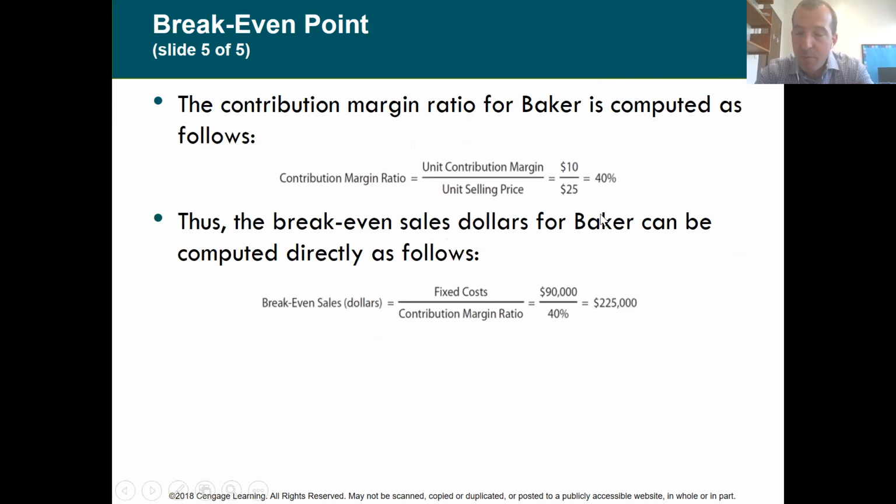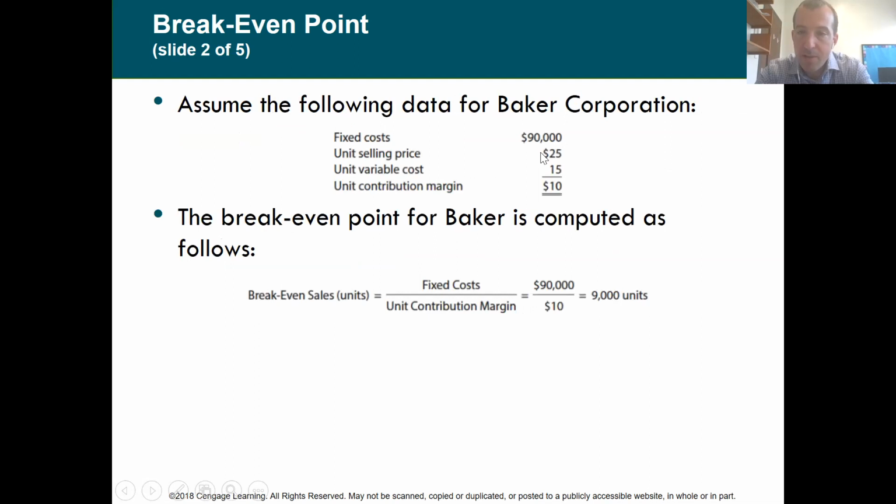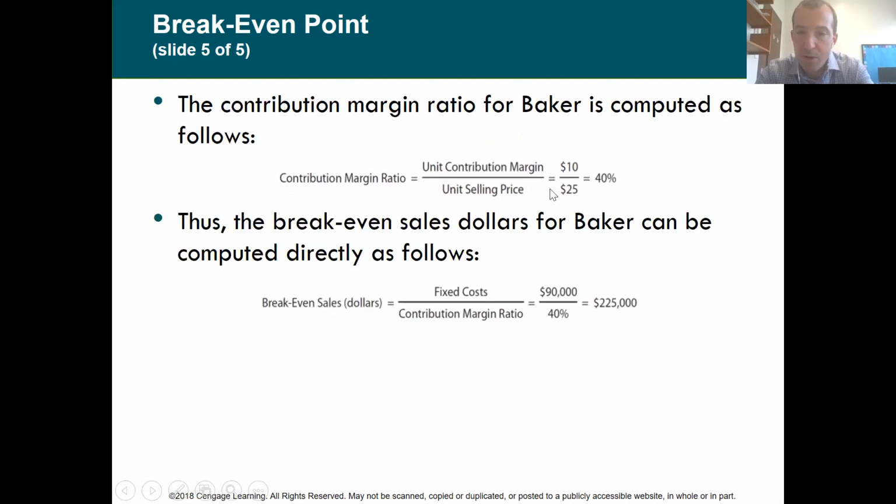Here we have the same 40% based on the previous example with the $90,000 fixed cost, $25 selling price, $15 variable cost, and $10 unit contribution margin. With that example, we would take our fixed cost of $90,000 divided by the 40% contribution margin.